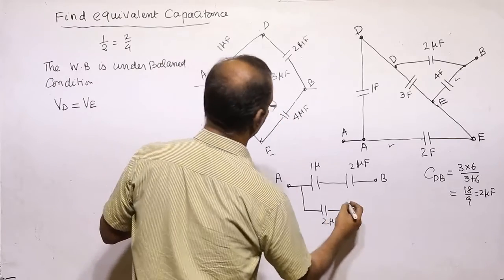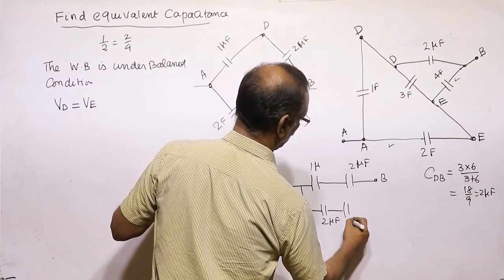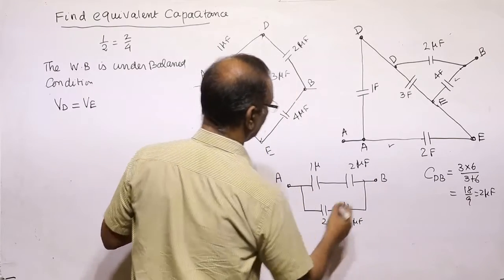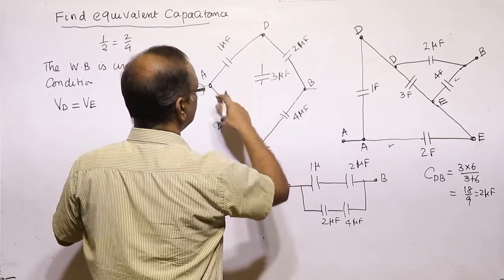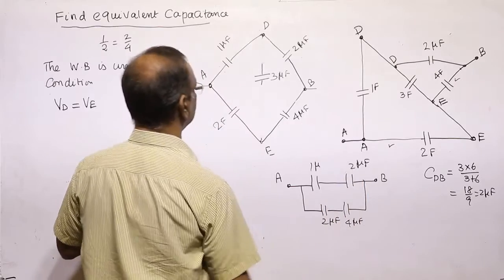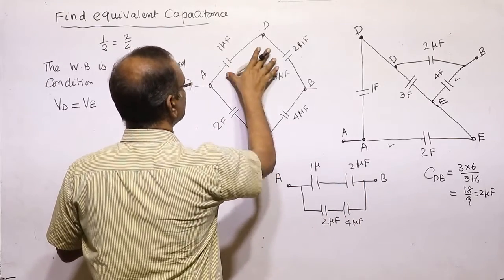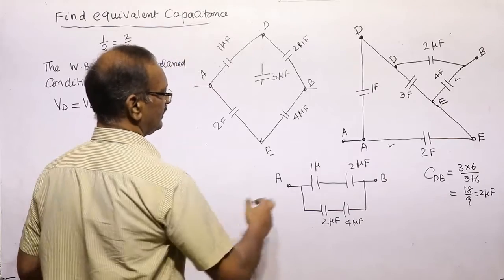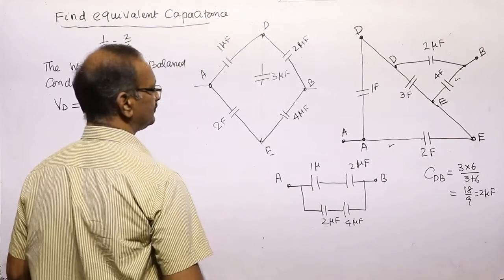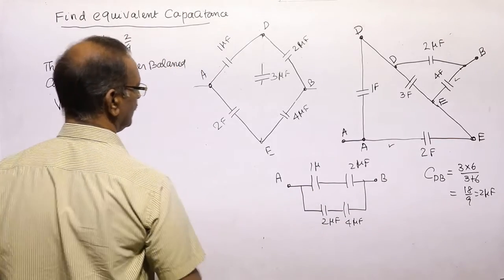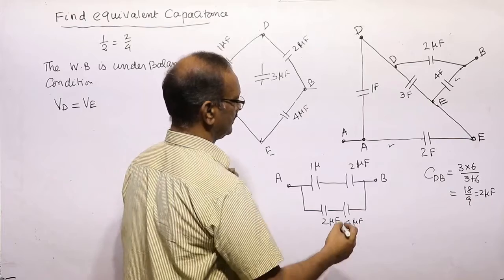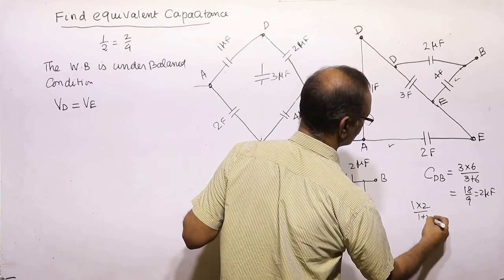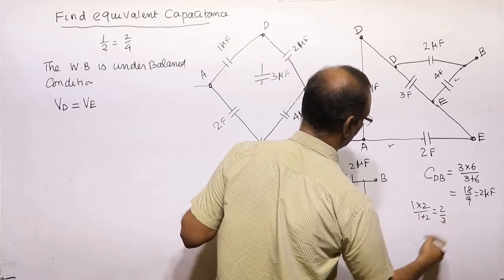These both are in parallel with 4 microfarad. This is in series, this is in series, and these are in parallel. So we can convert it to a single one. In series, that is 1 into 2 divided by 1 plus 2, equal to 2 by 3 microfarad.